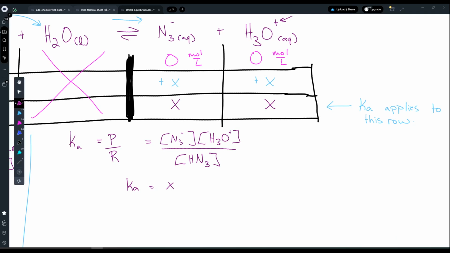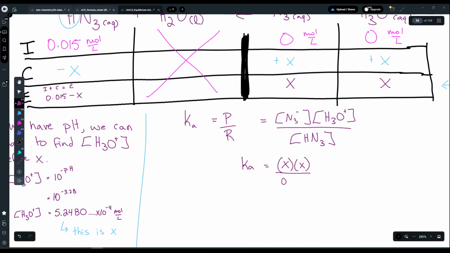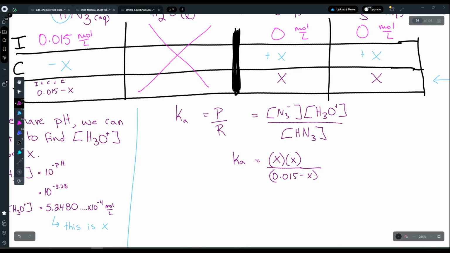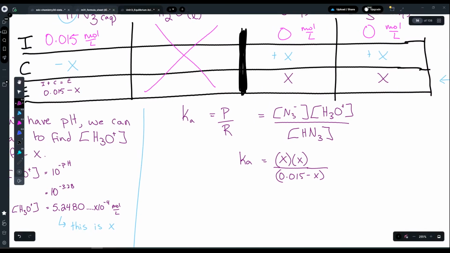I will plug in my value for x in a second here. So we have x times x divided by 0.015 minus x. Okay, so again, all of these values here, I'm only getting from the equilibrium row here.